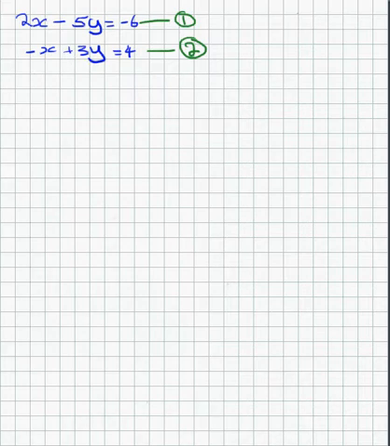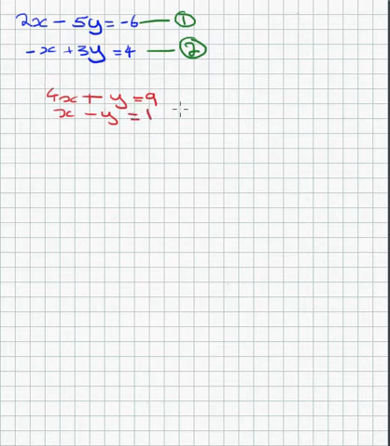So in the first example we had 4x plus y equals 9, and our second equation in the earlier example was x minus y equals 1.